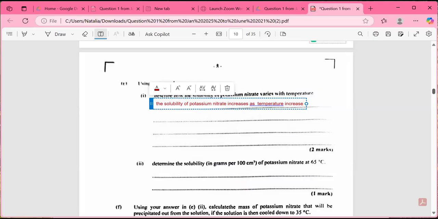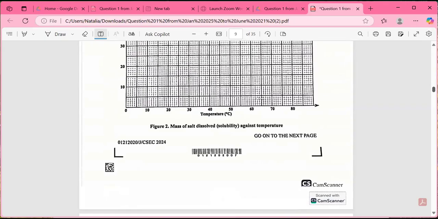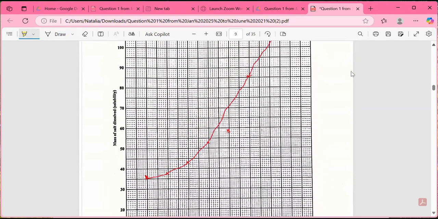So, determine, we find 65 and read off. So 65 is here. This is 65 right here. That's 65 and it goes all the way up.